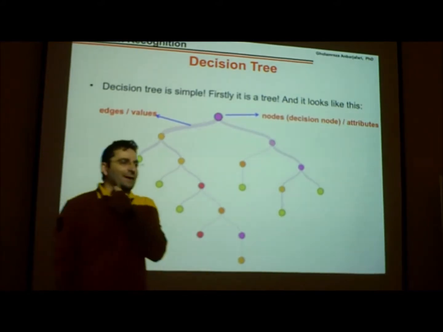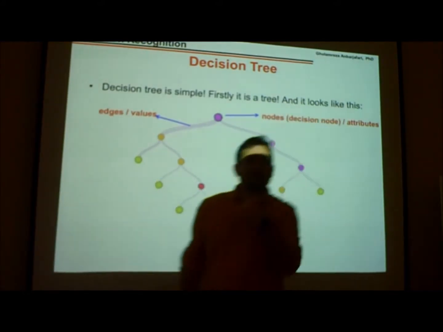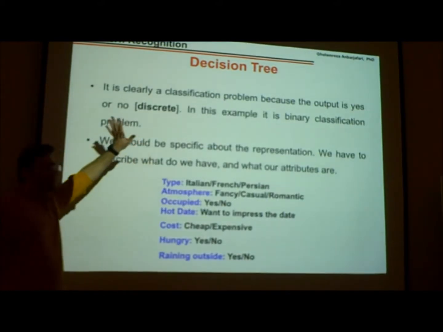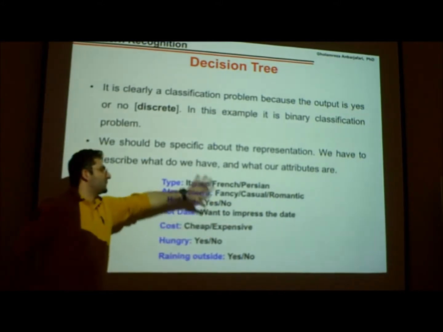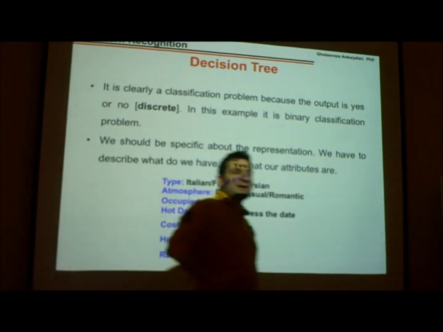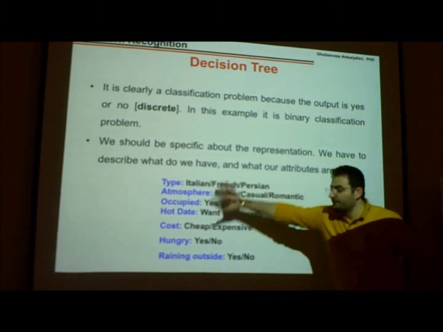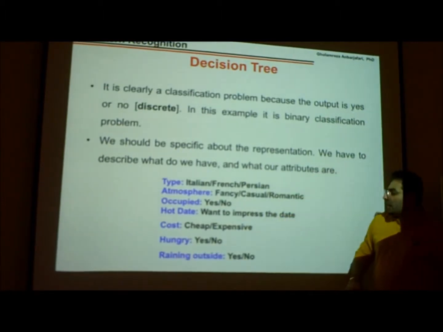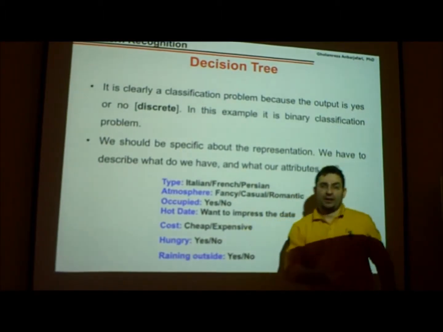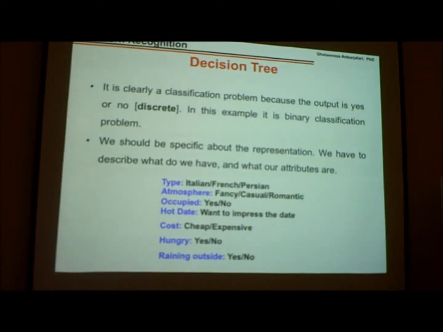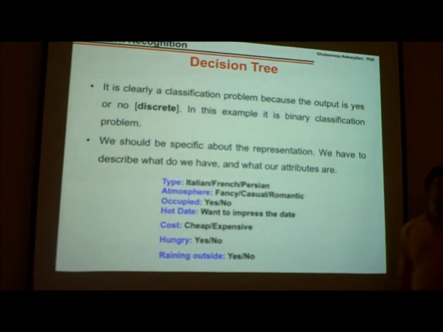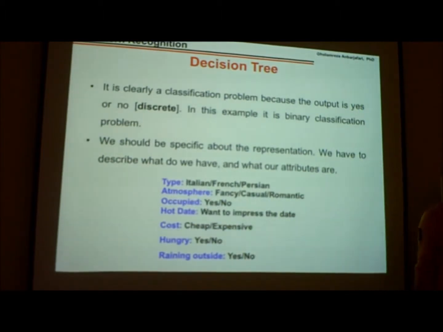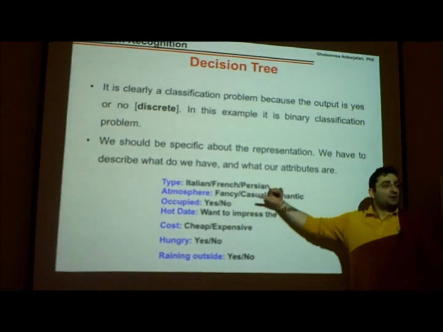Or for us, they are values. What is the value of an attribute? In the dating example, yes, no. In the dating example, what are the nodes? Can you give me an example of a node in here? The blue ones are the nodes. Okay? Let's pick Hungry. Can you tell me what are the values of Hungry? Yes or no? Very good. Let's pick the atmosphere. What are the values of the atmosphere? Yeah, so we have three values.